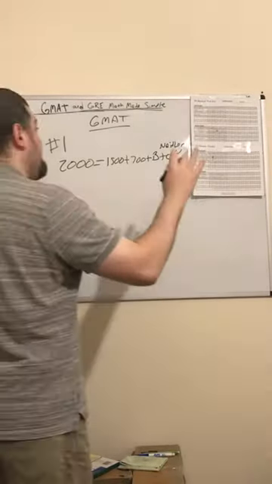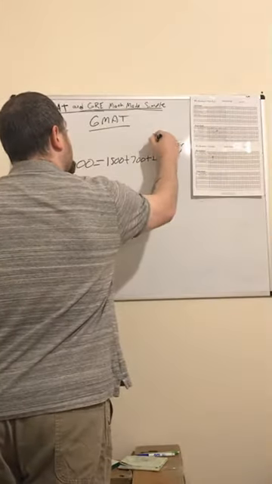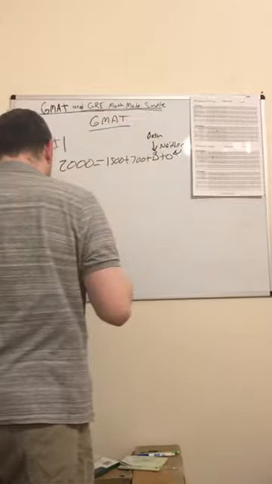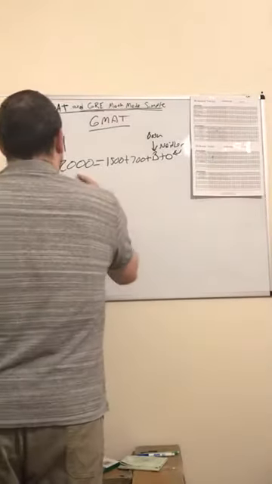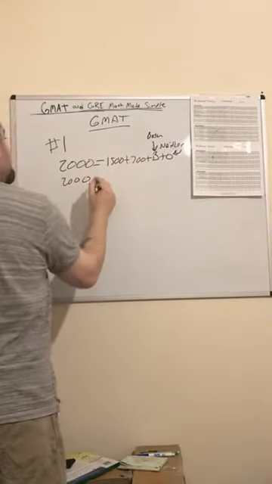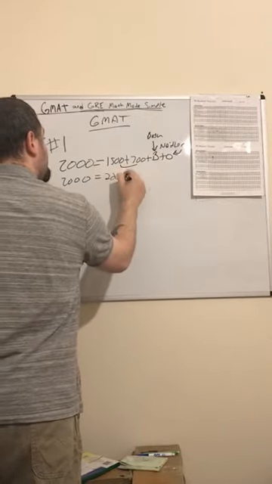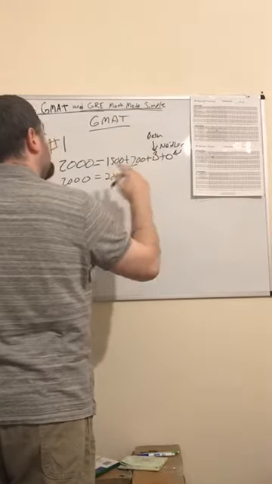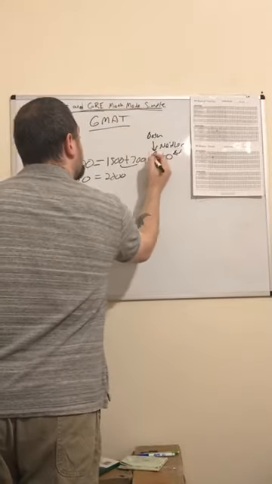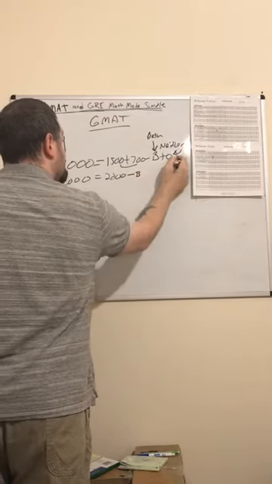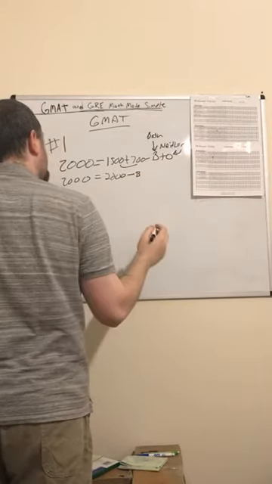So we'll simplify this and we'll solve for the B, because the B would be both, which the question is asking. So we have 2,000 equals, we'll add these two, which is 2,200, and actually this should be subtract. Minus B, because the 0 doesn't do anything, and that's what we've solved for.